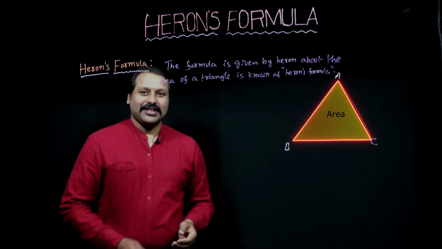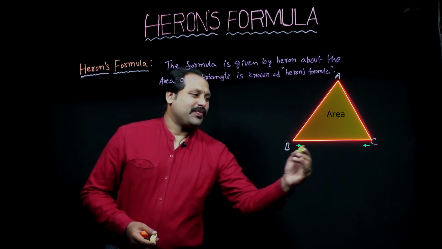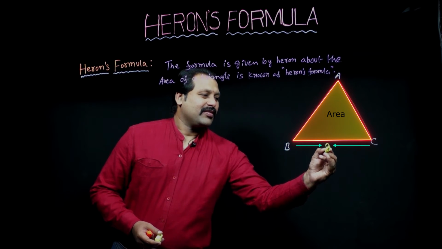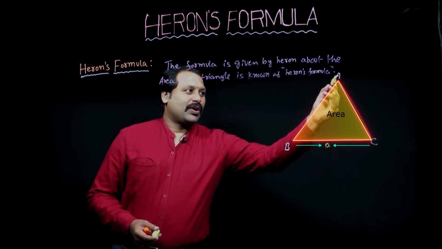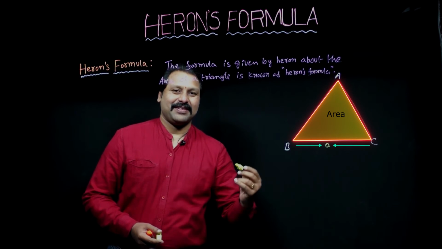So let us measure the sides. The length of BC, let it be small a. Why? Because the vertex A is here, and the opposite side, you have to treat its length as small a.